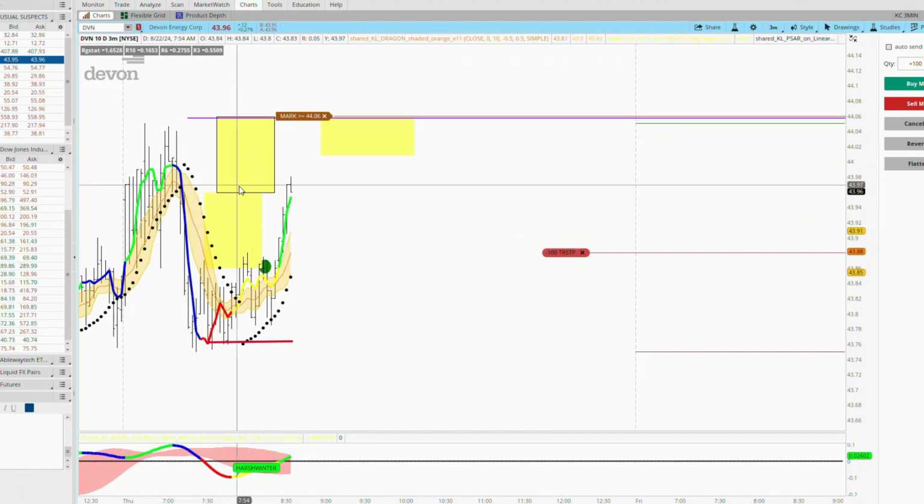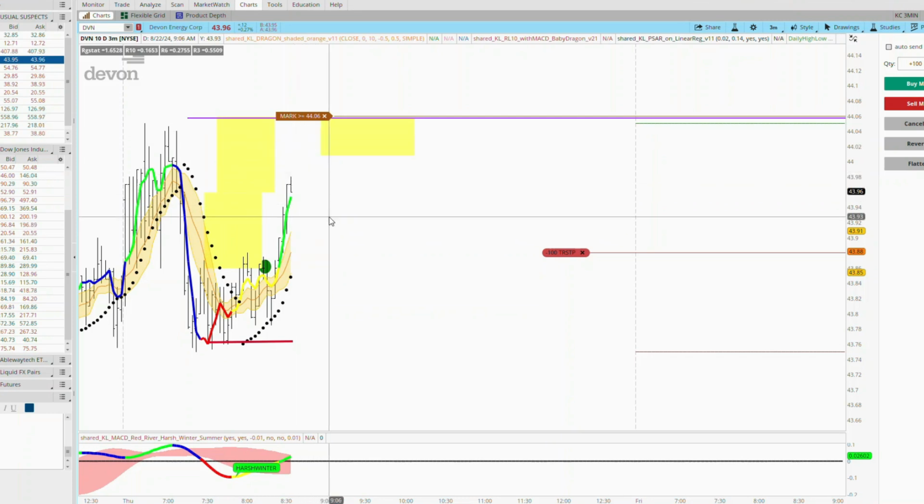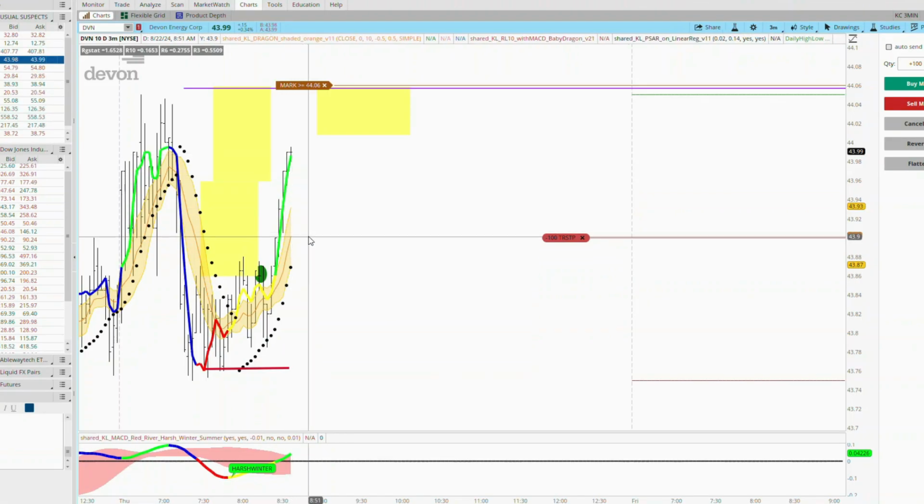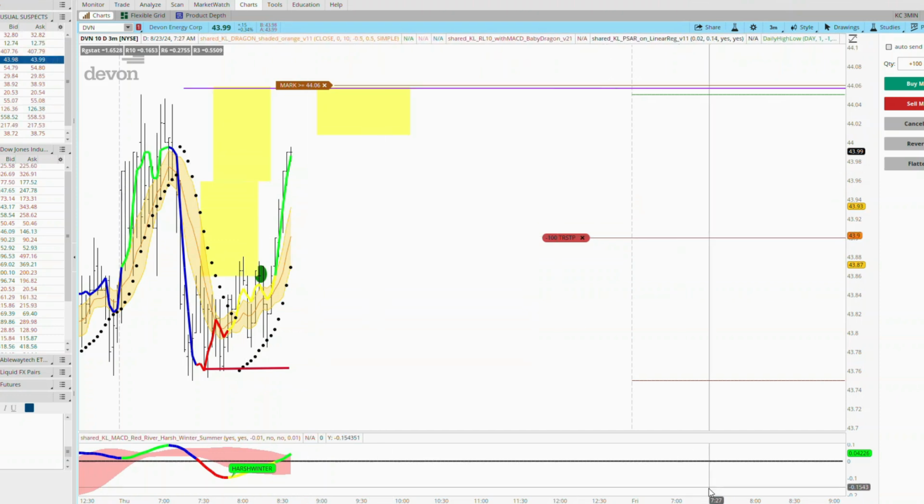Last time it came up to this level, it failed. So at any moment we could get pulled back, but that's all right. We're already above our entry here, so we already got a win. It's making a nice move up. We've got about 0.4R already in hand, so that's looking good. We shall come back in a little bit and see.